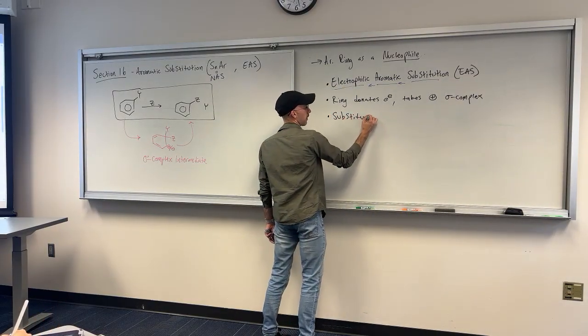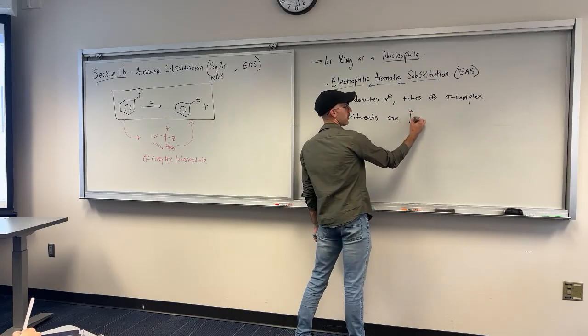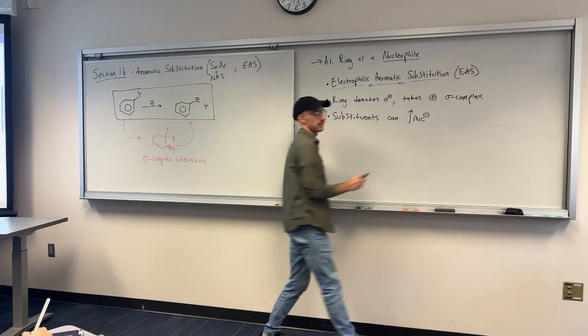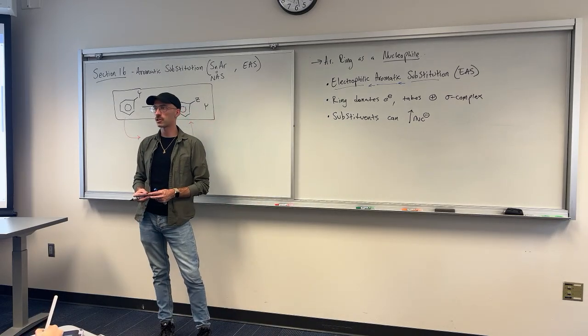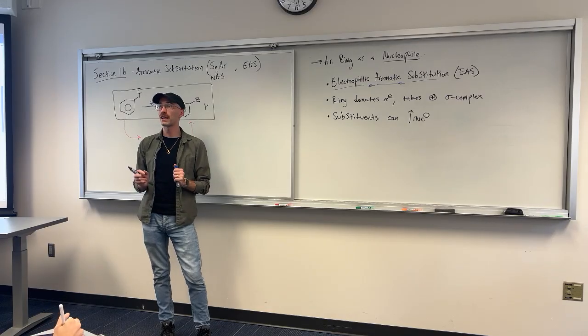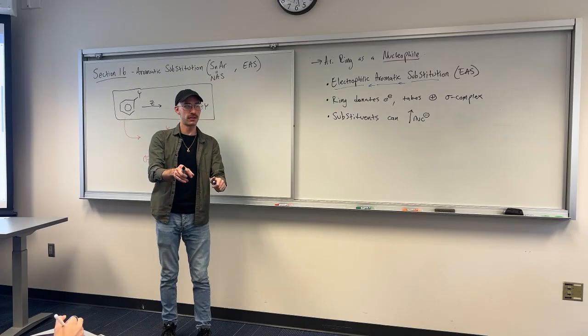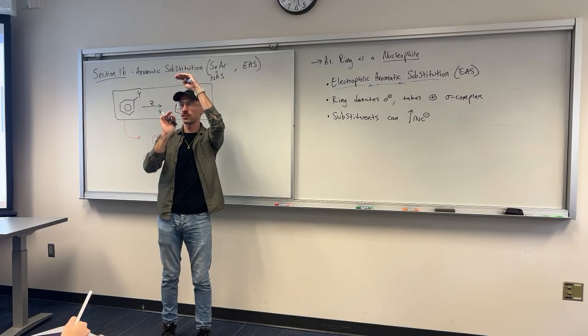Substituents can increase nucleophilicity. I'm going to abbreviate that with increase nuc minus. Substituents can make the ring a better nucleophile. That means it takes less energy for the reaction to occur.